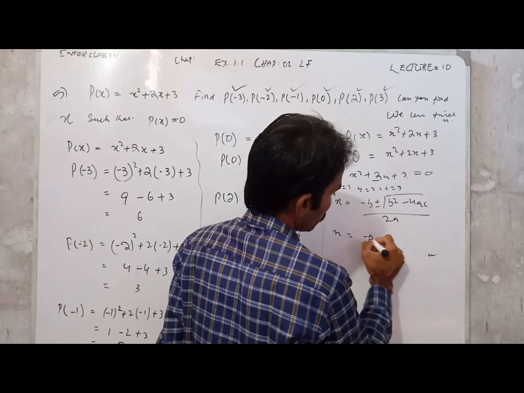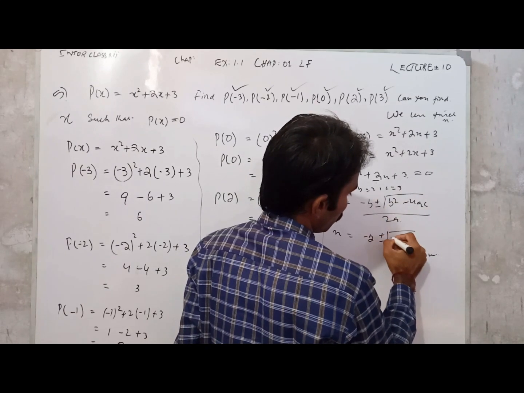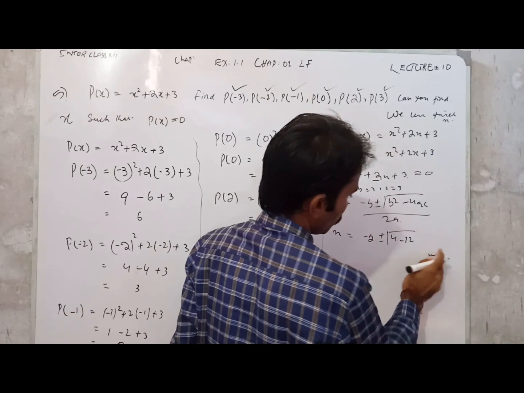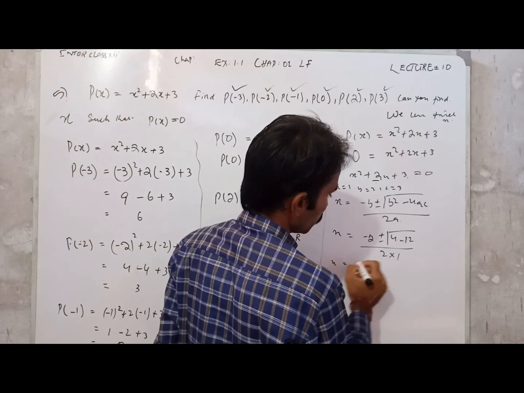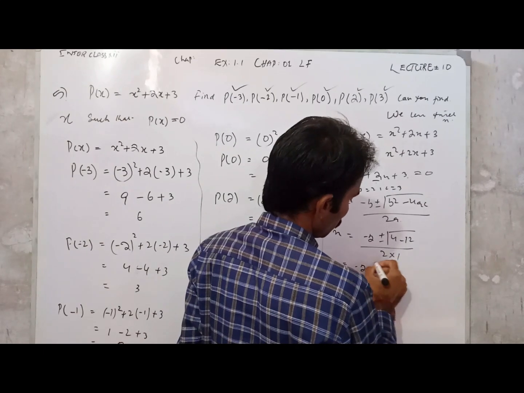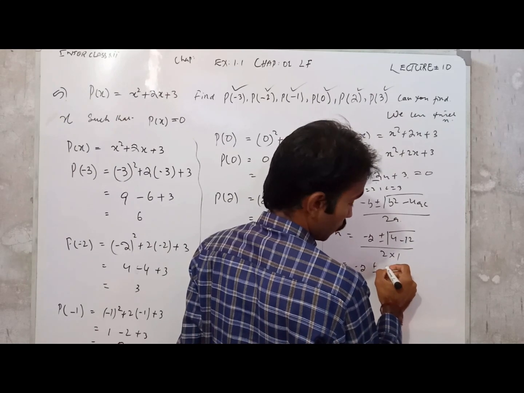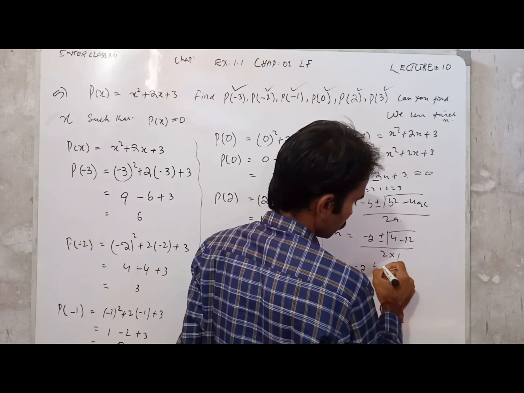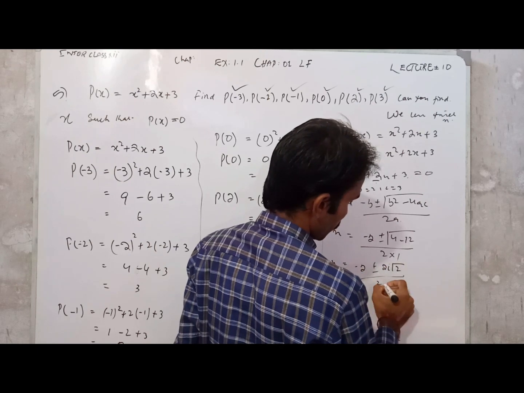So x is equal to minus 2 plus minus square root of 4 minus 12, divided by 2 into 1. So x is equal to minus 2 plus minus square root of minus 8. We take iota out of the square root: 2 iota under root 2, divided by 2.